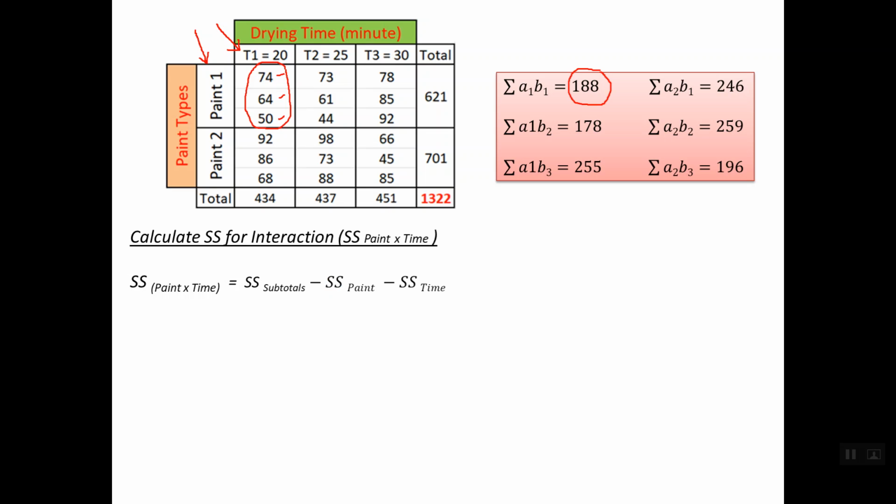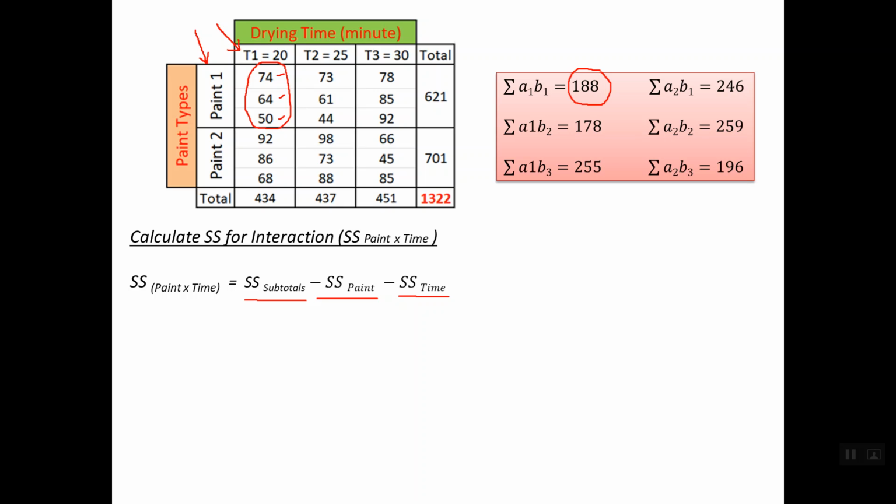So this is the general formula to calculate the SS for the interaction. First, we should calculate the SS for the subtotals minus SS paint, which is already calculated, minus SS time, and again it's already calculated.